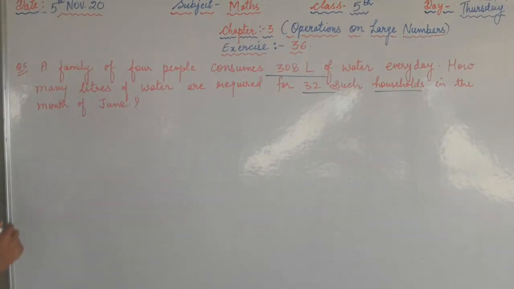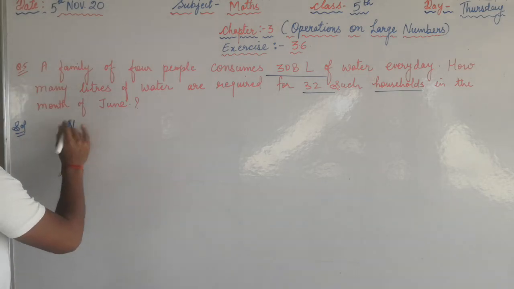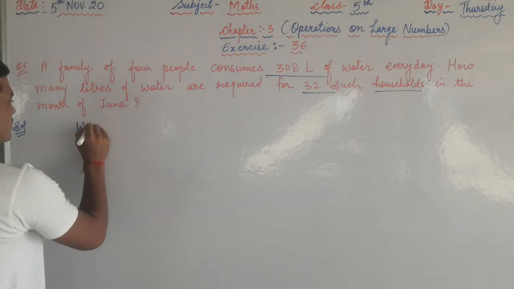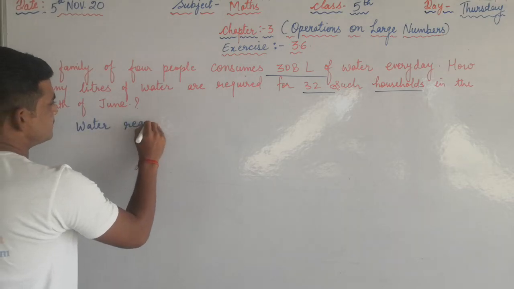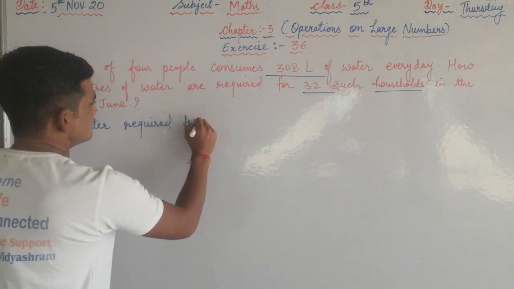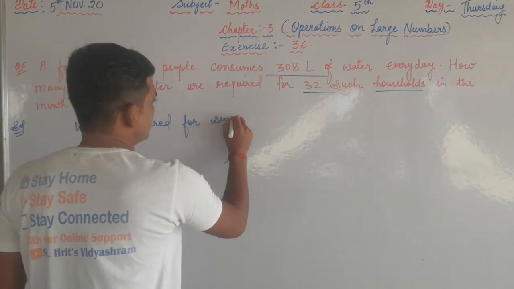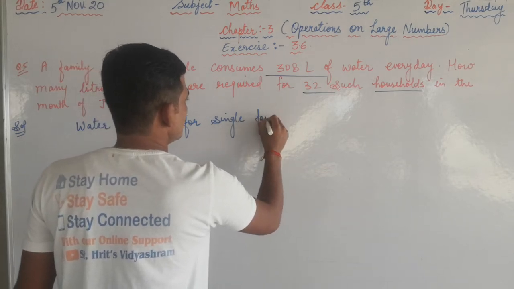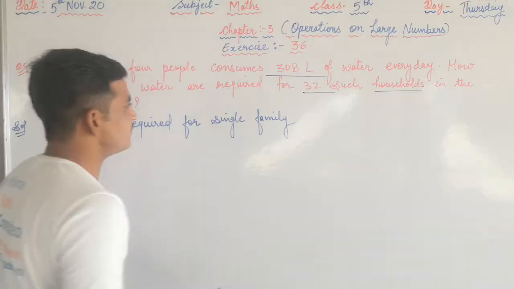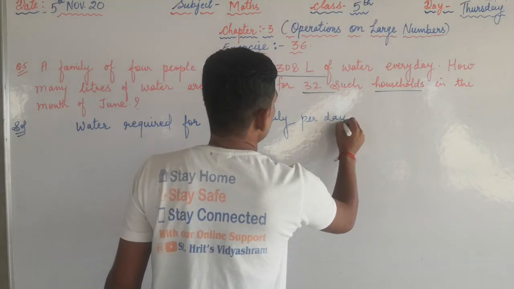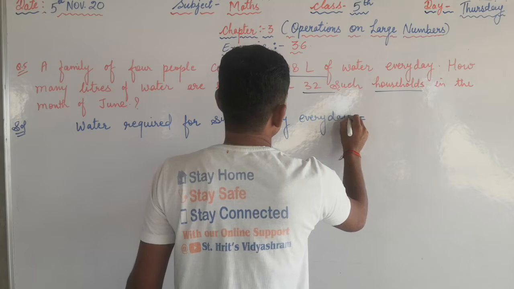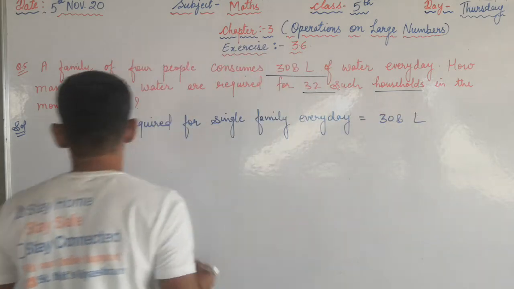Okay. So now see. Water required for a single family per day, every day, same thing, equals 308 liters.